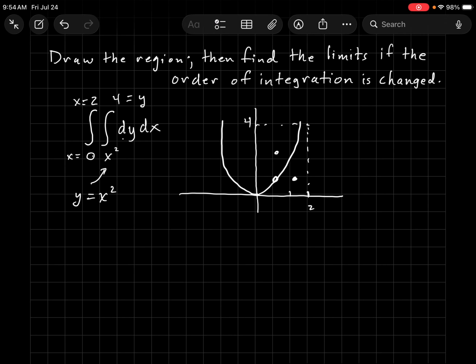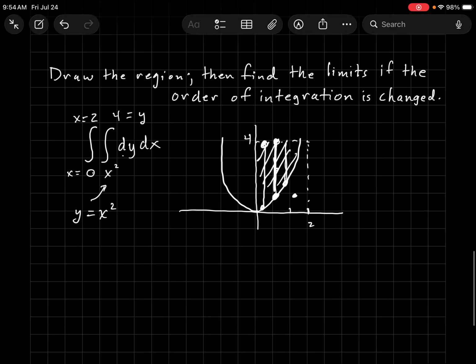And then we go up until we hit y equals 4. Starting here at x equals 0, y equals x squared to 4. Then the next x, y equals x squared to 4. Then the next x, etc., etc. So the region in question is that one there.